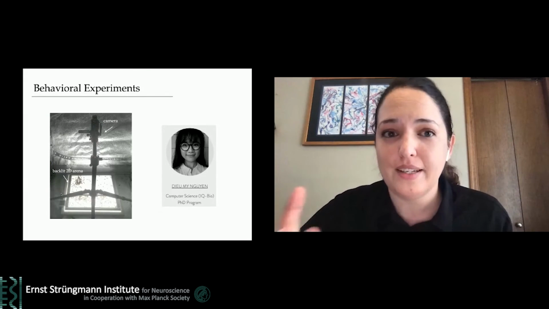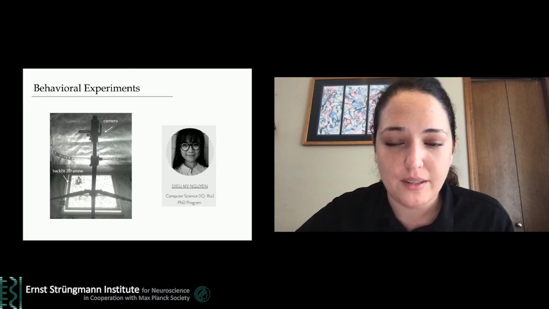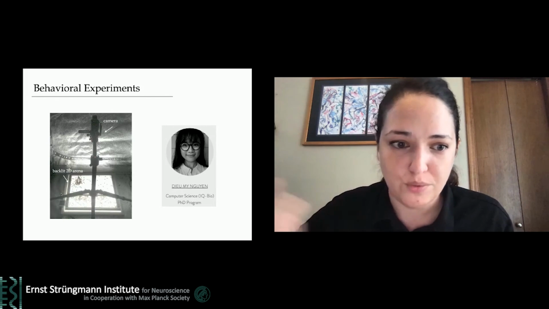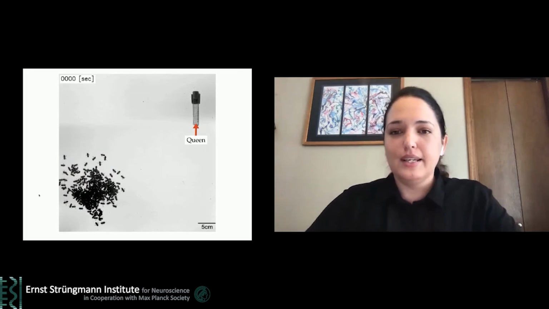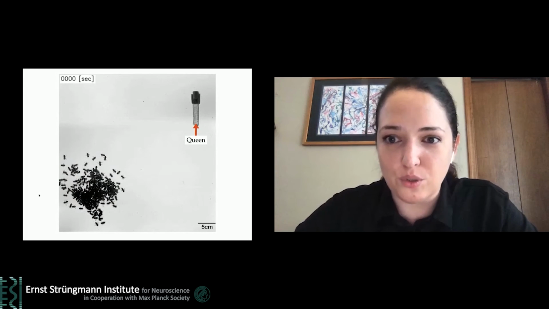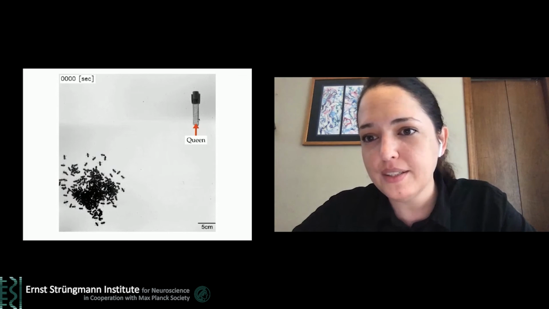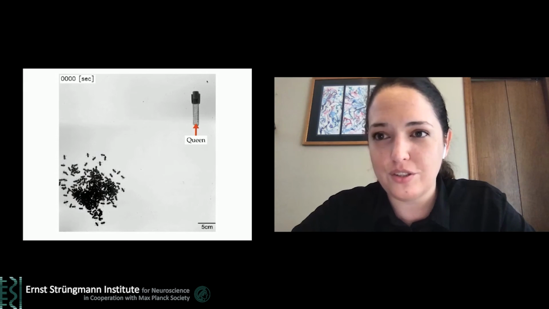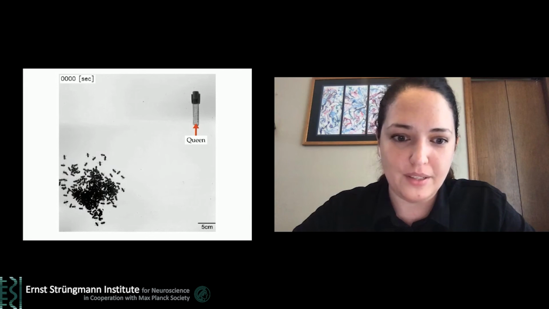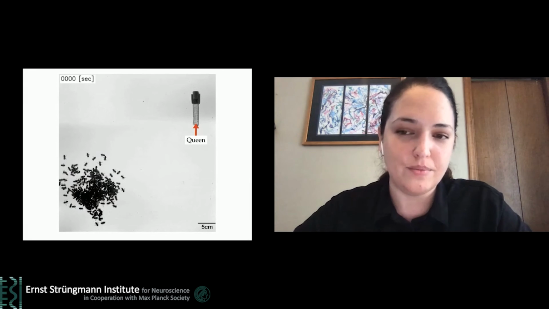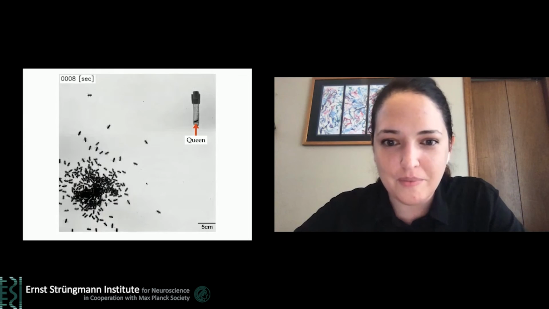And everything is backlit so that we have a better contrast between the bees and the background, which will be important for analysis. Okay, so this is how a typical experiment would look. We have the queen in a little cage positioned at one corner of the experimental arena, and the rest of the worker bees at the furthest corner in the arena.